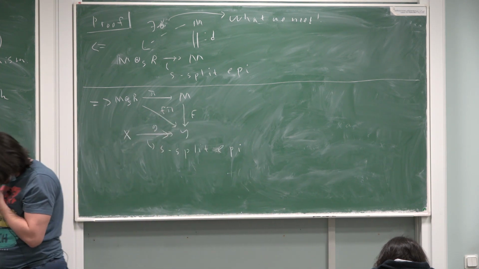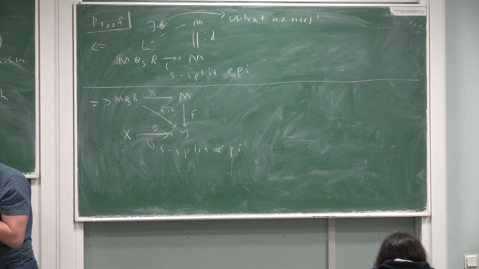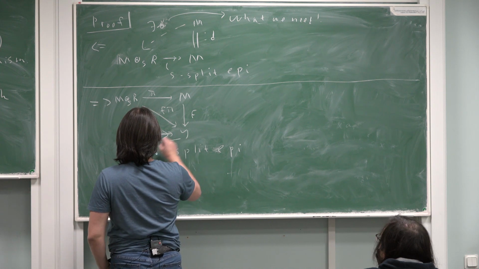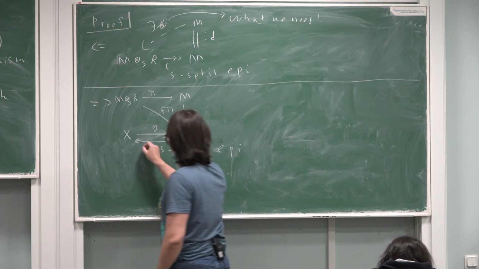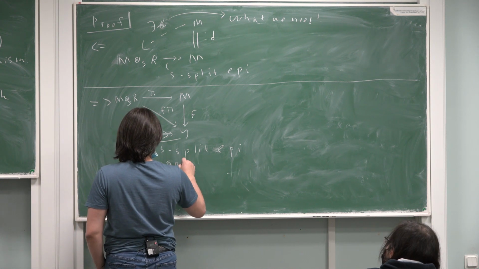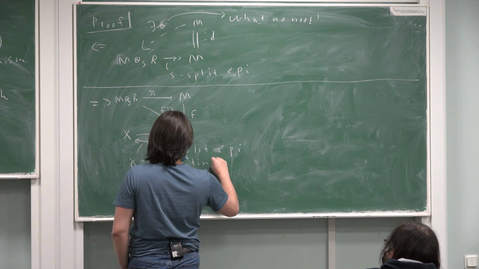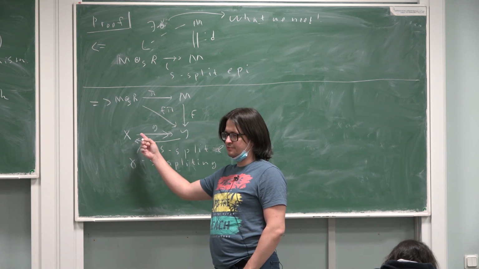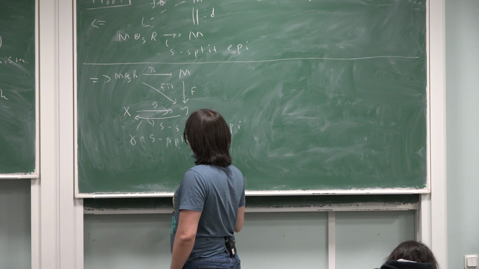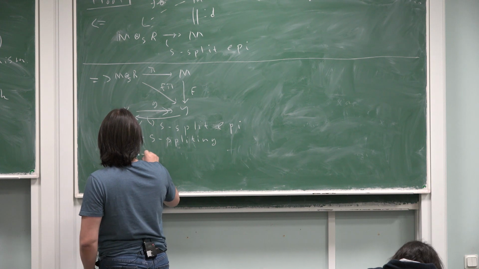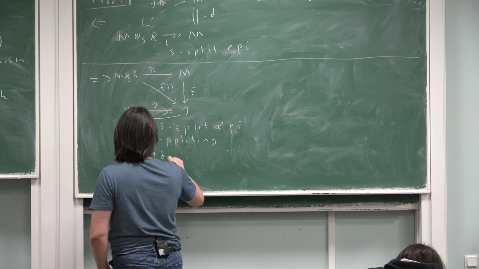We have here some splitting, gamma, a homomorphism of S modules, not R modules, and we know that g gamma is equal to the identity homomorphism of Y.